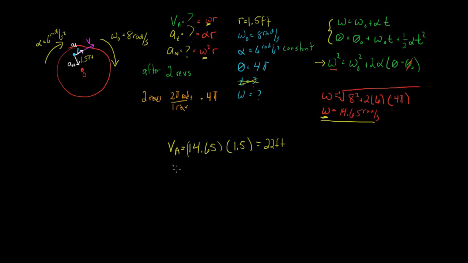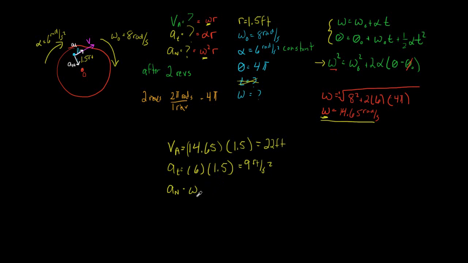Now our tangential acceleration is going to be the angular acceleration times r. Our angular acceleration is 6, and our r is still 1.5, so our tangential acceleration is going to be equal to 9 feet per second squared. And our normal acceleration is going to be equal to the angular velocity squared times r.